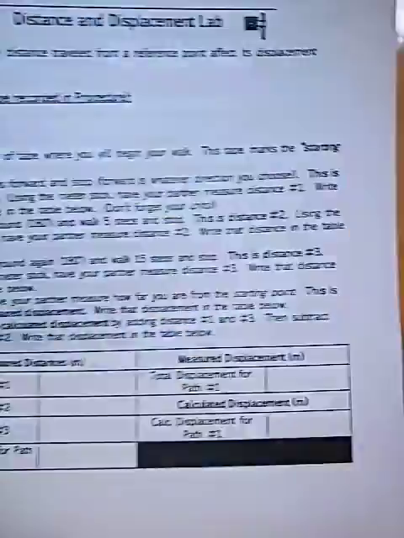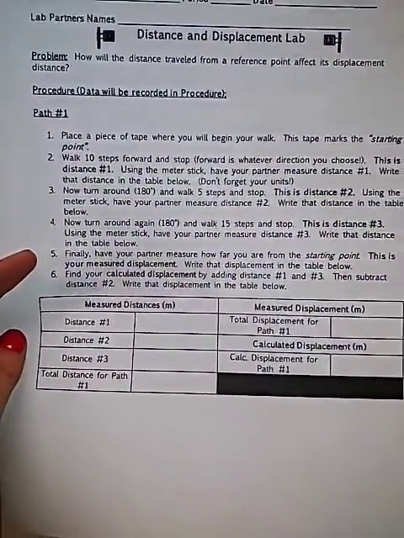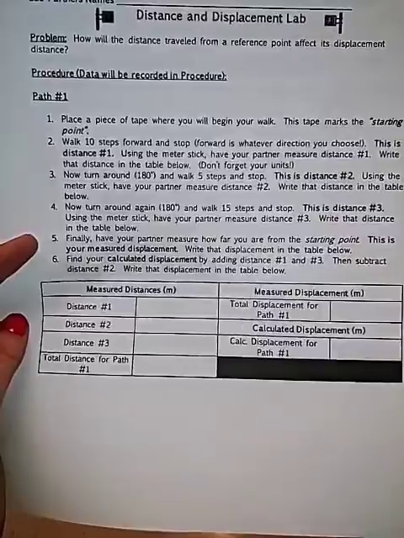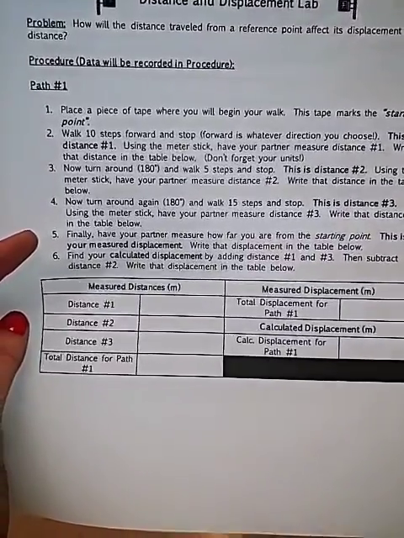All right, distance number 3 is 8 meters and 15 centimeters. You would write 8.15 meters for distance number 3.